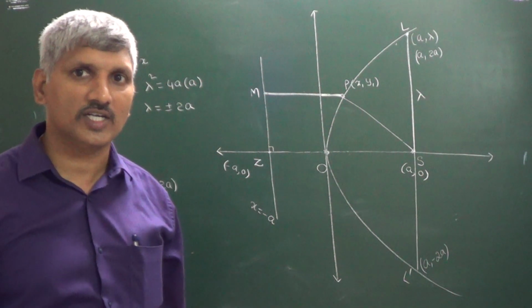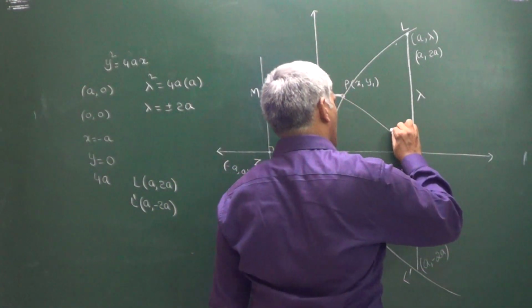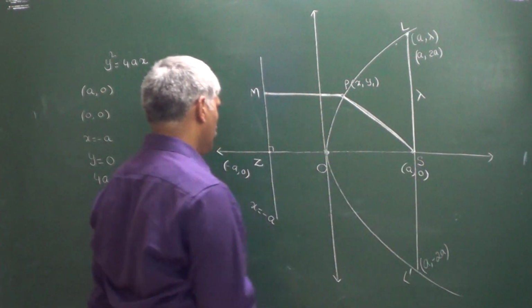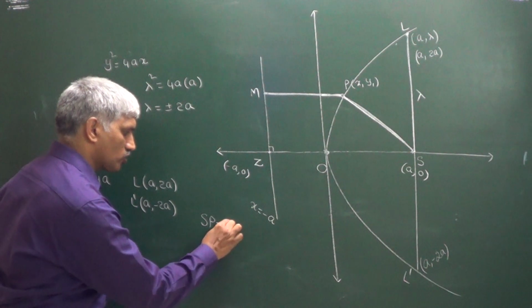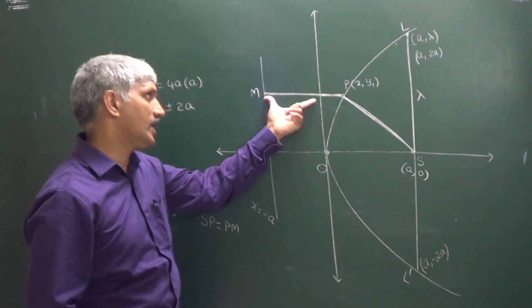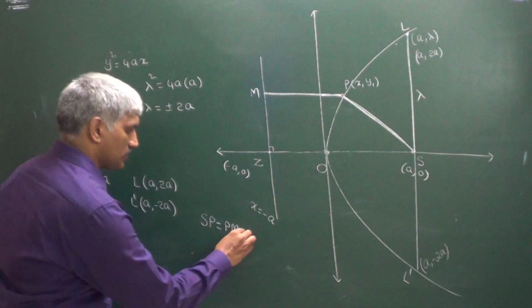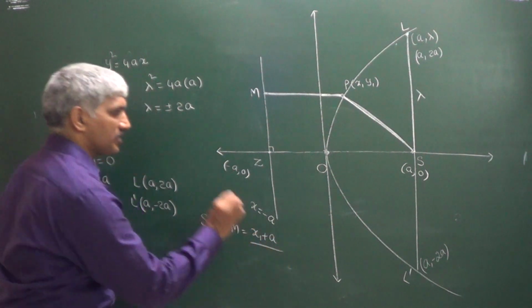At the same time, we discussed the focal distance. SP is the focal distance. SP is equal to PM. This length is a and this length is x1. That's why SP, the focal distance, is x1 plus a.